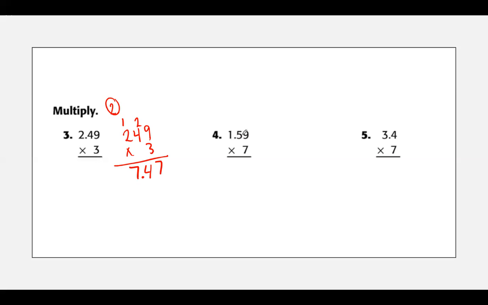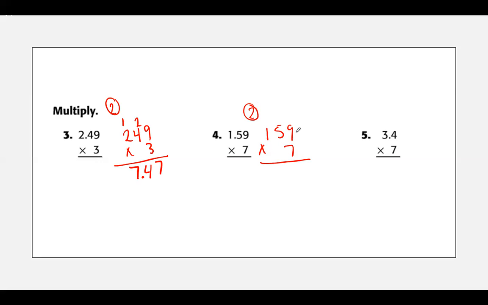Now, how many numbers do I have behind or to the right of the decimal point? I have 2. Okay, so now if you'd prefer, you can rewrite your problem. Again, you don't have to. It depends on how you find it easier.